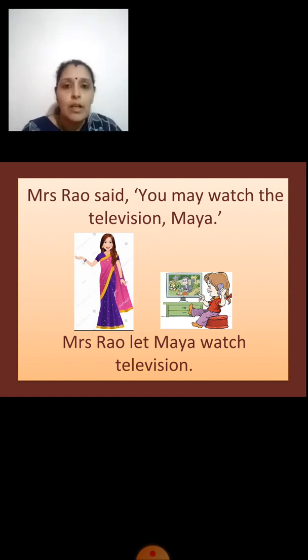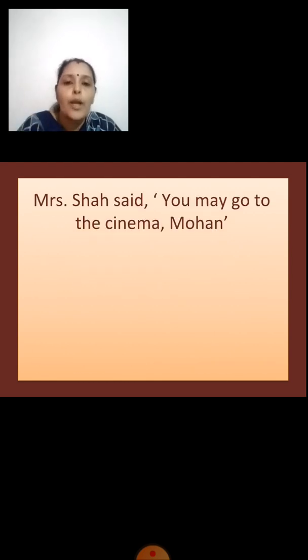Okay children, understood? Now let us see how much you all have understood about this. Now you all are going to decide what is to be written here, and then I will tell you the answer and we will see whether you're getting it right. Now the next sentence is, Mrs. Shah said, "You may go to the cinema, Mohan."